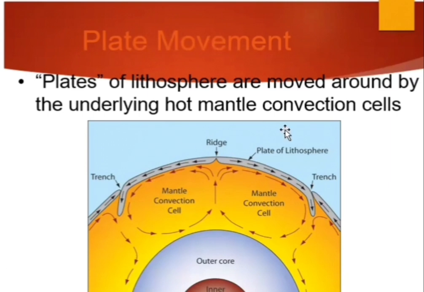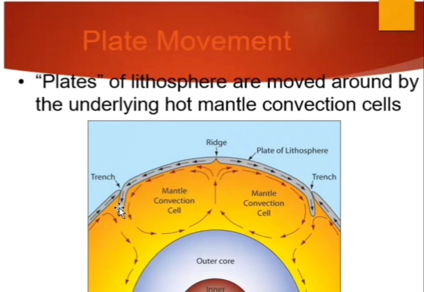Now, plates of the lithosphere are moved around by underlying hot mantle convection cells. If you look at this, the heat coming from the core melts the rock within the mantle, creating what they call molten rock, or magma. Remember, it's magma when it is down below the Earth's crust in the mantle.